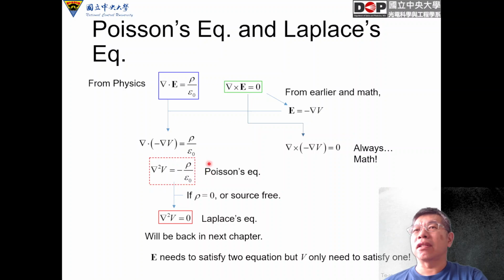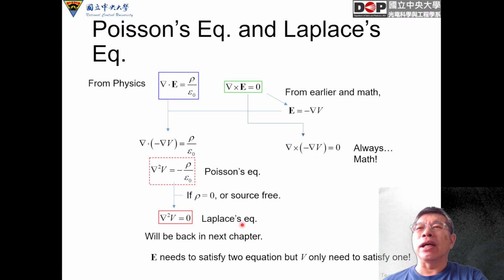Poisson was a French mathematician; in French it means fish. Anyway, this is the more general form. So if you have charge, you write things down like this. But in a special case, when rho equals zero, or there is no charge distribution, or source free, this is the Laplacian of the scalar function equals zero.